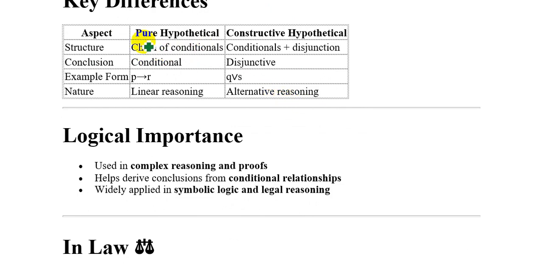These are chains of conditions in pure hypothetical, whereas in a constructive hypothetical it is conditionals plus disjunction. The conclusion in pure hypothetical is conditional, whereas in a constructive hypothetical the conclusion is disjunctive. Pure hypothetical argument concludes if P then R, whereas a constructive hypothetical concludes Q or S. This is linear reasoning in pure hypothetical, whereas in constructive hypothetical it is alternative reasoning.